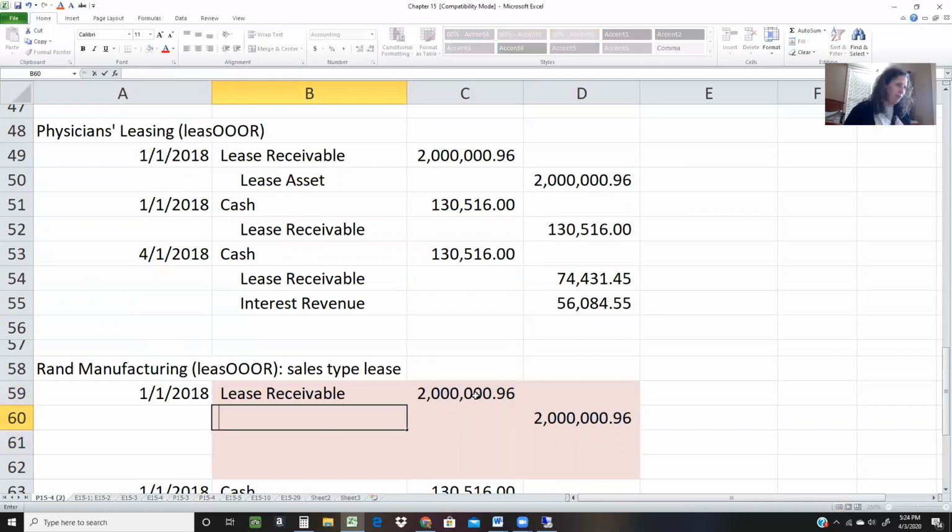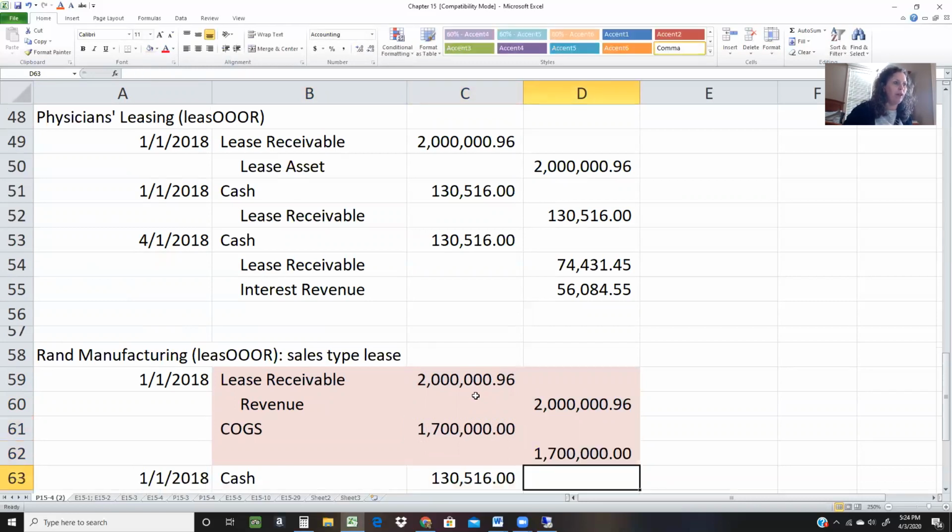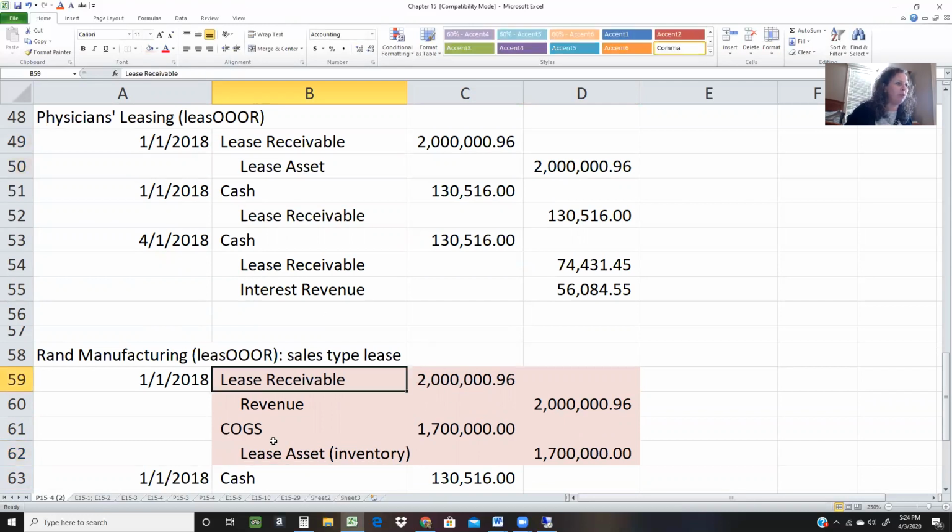So here, we'll use revenue, and then the cost of the good that was sold was 1.7 million. That leased asset that we credit, see how we used receivable and asset here, we're using receivable and asset here, but really we're building these and selling them, so that's really our inventory.